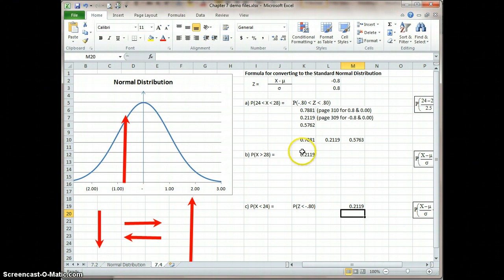It's the same probability, because 28 is 2 greater than 26 and 24 is 2 less. Since we've normalized it, it's the same probability of being greater than 28 or less than 24. I hope that's helpful. Again, the normal distribution is an extremely important part of continuous probability distributions.